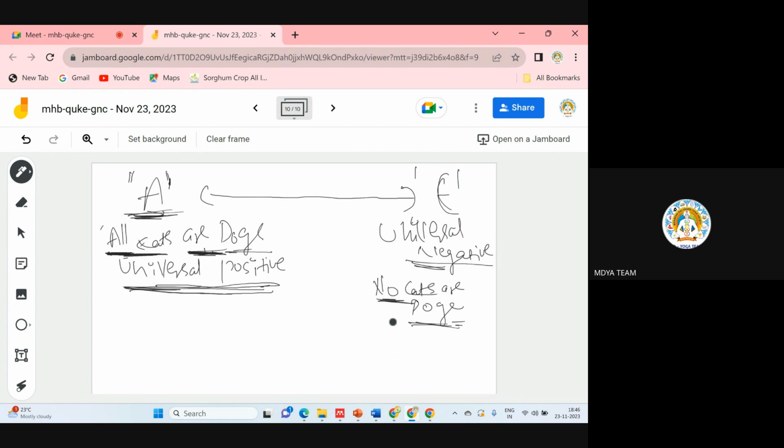The third type is the I-type statement. The I-type statement is particular positive. Like we wrote positive on this side, it is particular positive. So what will this I-type statement be?